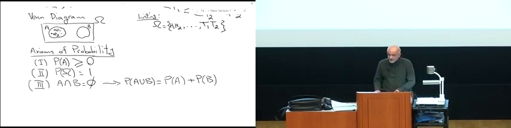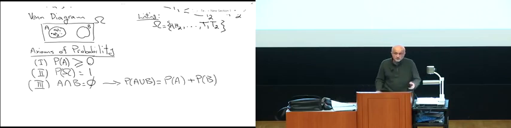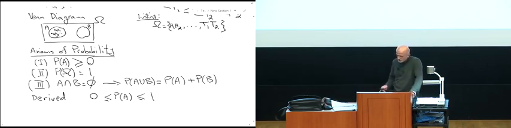Okay. And then we worked with these axioms to derive other somewhat intuitive and at least not surprising properties. We derived the idea that the probability of an event not only must be non-negative, but in fact it must be less than or equal to 1. So probabilities are always numbers between 0 and 1.